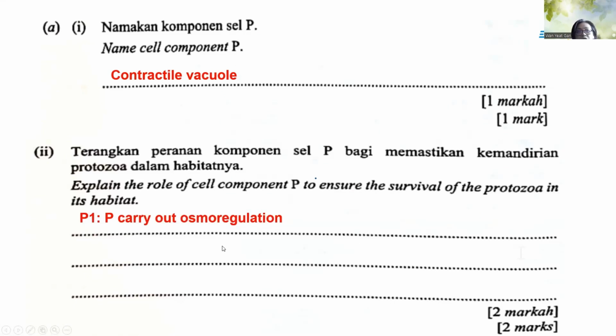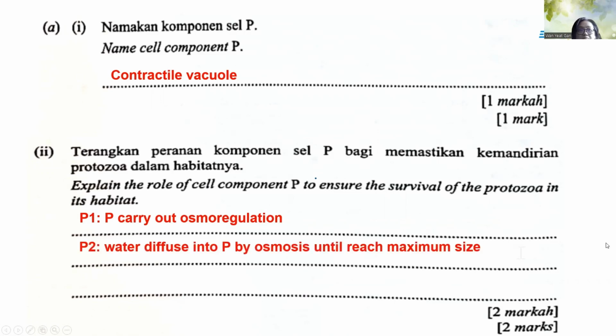Osmoregulation is a process by which water diffuses into the contractile vacuole until it reaches the maximum size. Now, students, you must write down until it reaches maximum size. And then only it will contract to excrete the water from time to time.